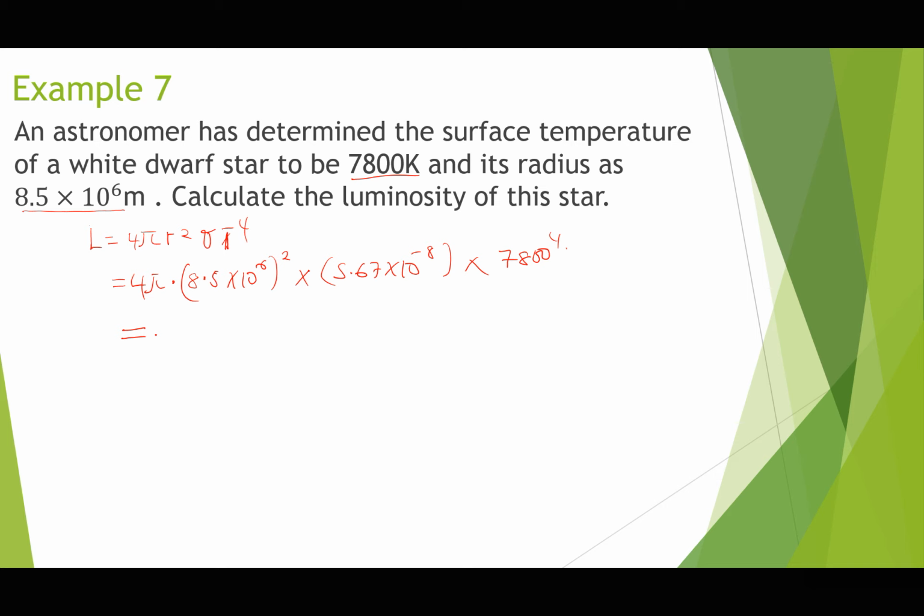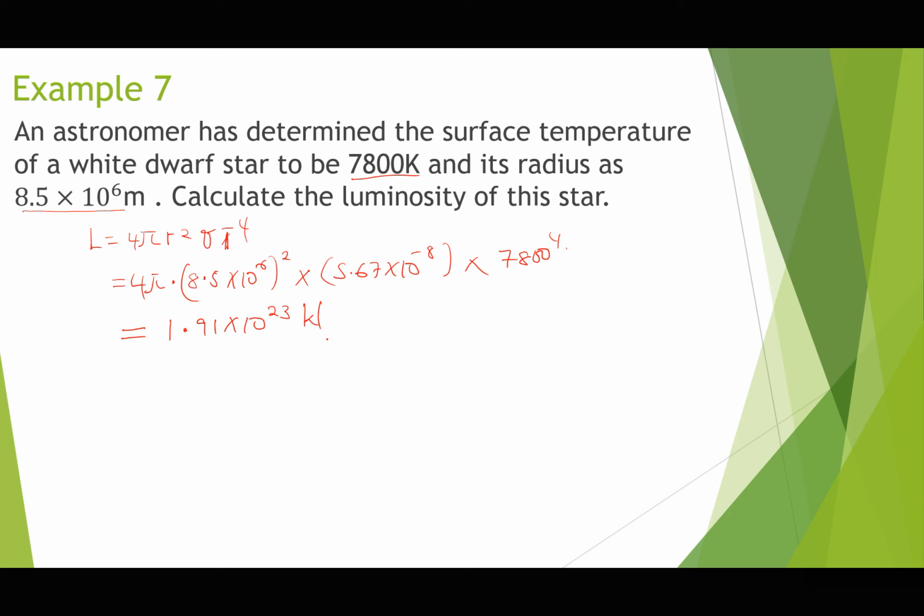So the luminosity which I'm obtaining here is 1.91 times 10 to the power of 23 watts. So the total radiant power emitted by the star is going to be 1.91 times 10 to the power of 23 watts. I hope I pressed this correctly.